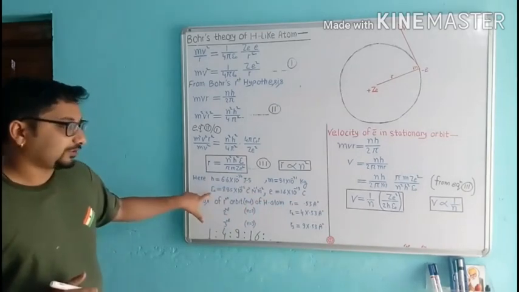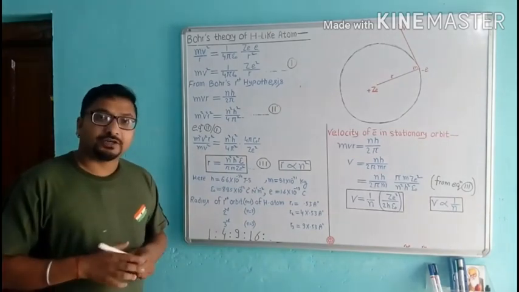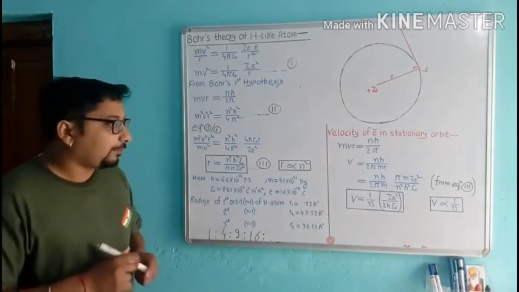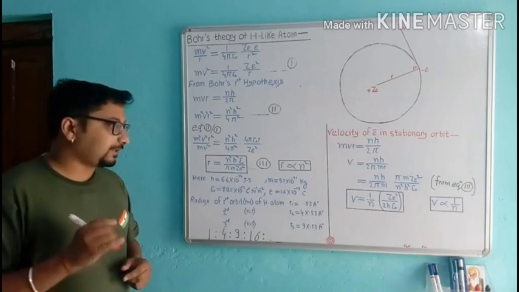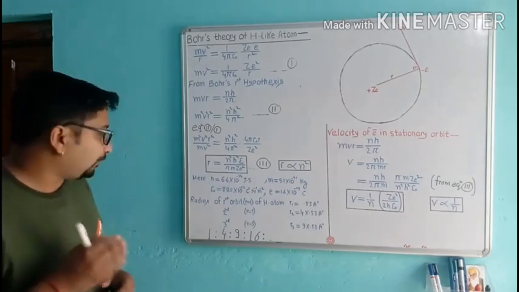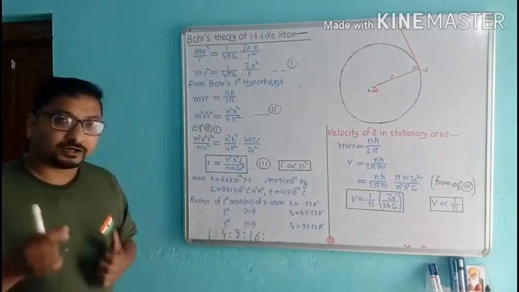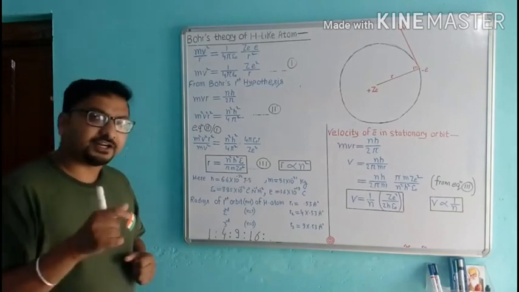Epsilon naught is the permittivity of free space. Permittivity of free space means the capability of a vacuum to permit electric field.